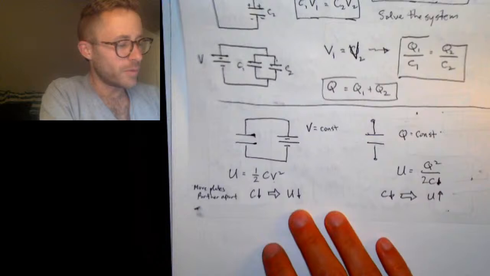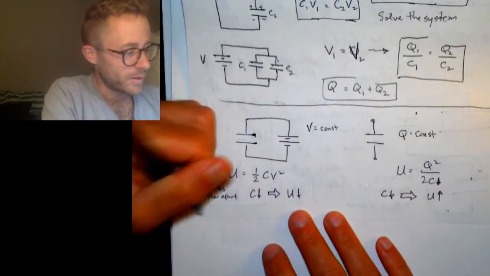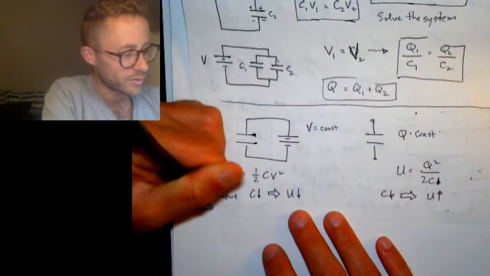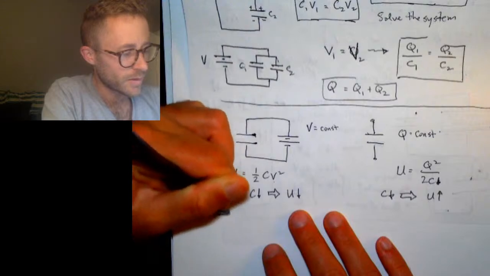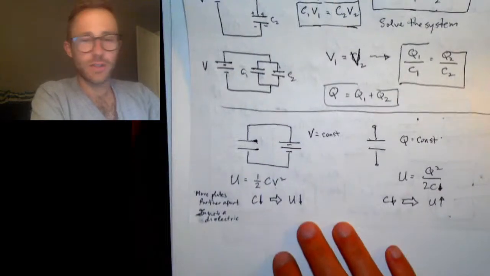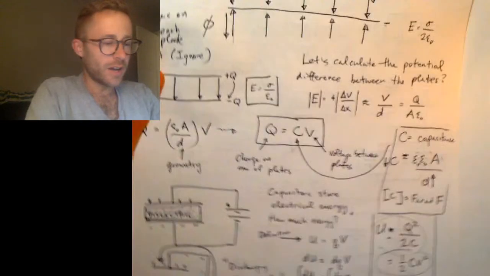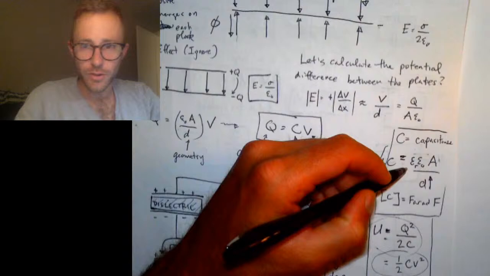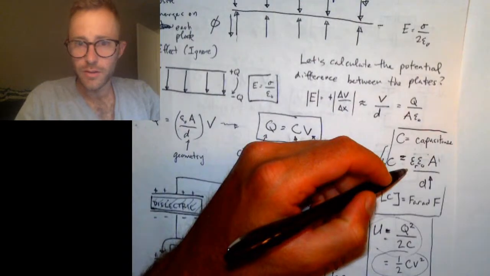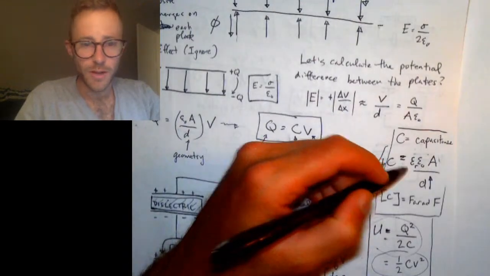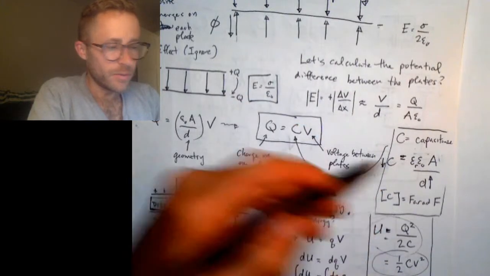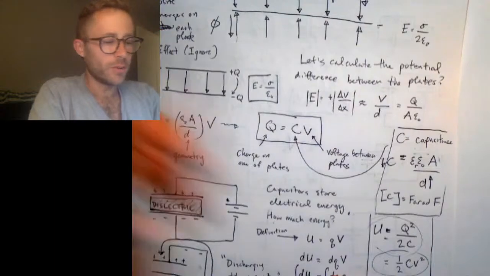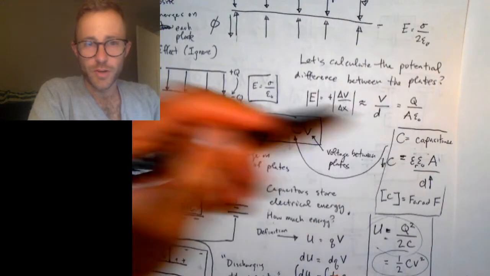Another common thing is, what if you insert a dielectric? So you put a dielectric in. Putting a dielectric in increases the permittivity. And we can see that permittivity is in the numerator.